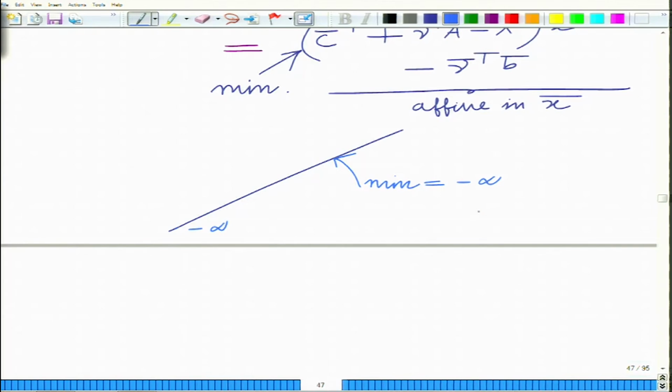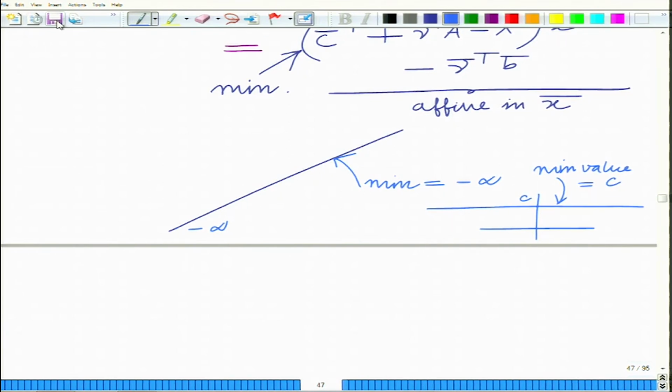Only if the line is parallel, that is the line is a constant, is the minimum value equal to C, a constant. This is very interesting, because it is affine. If the vector multiplying x bar is non-zero, then the minimum value is always going to be minus infinity. In that case, it has a slope.